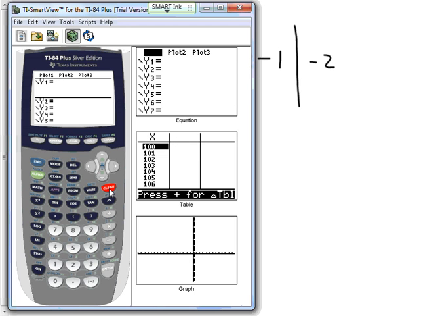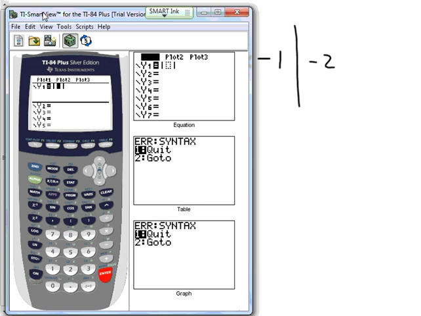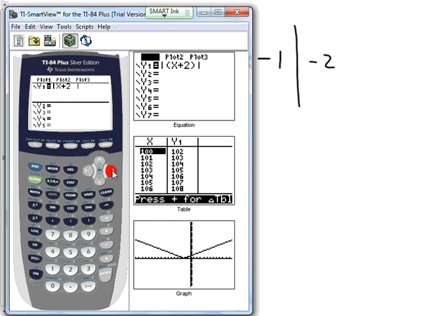Absolute value of, I'm going to do it under catalog, absolute value of x plus 2, and get out of the absolute values.